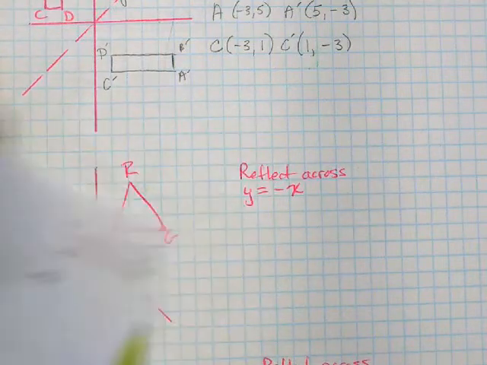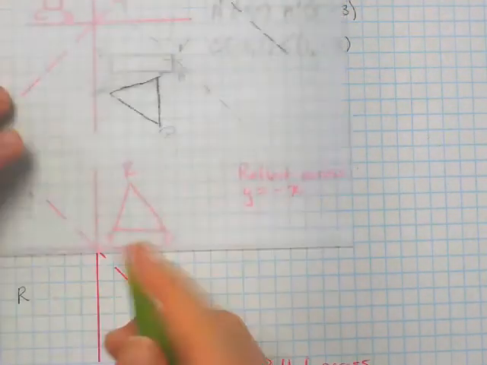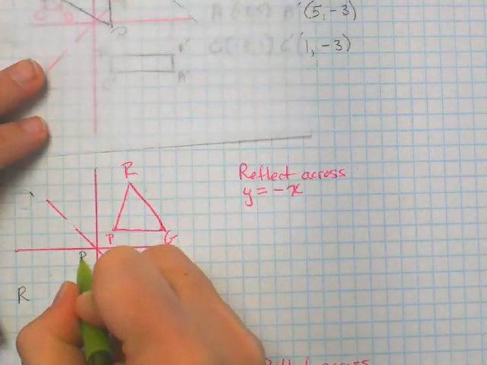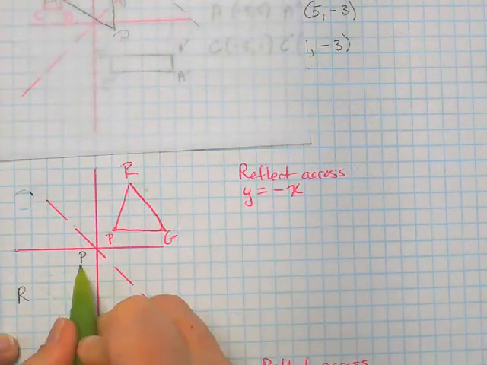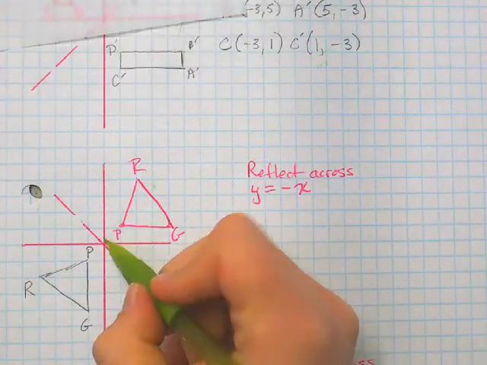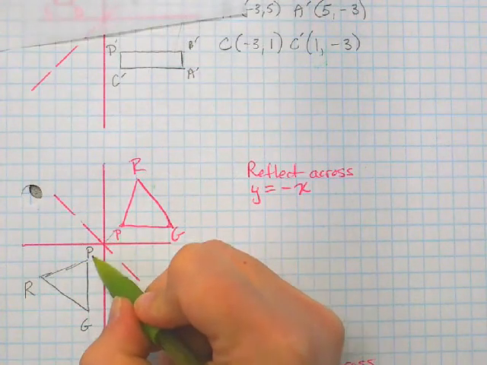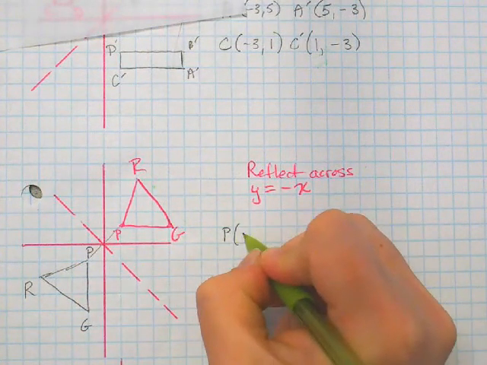This is, let's see, what is that? That's R? Yeah, this is R over here. And we have G down here and P here. Interesting. Look at how close P is. So P is diagonally straight across from itself. Cool.